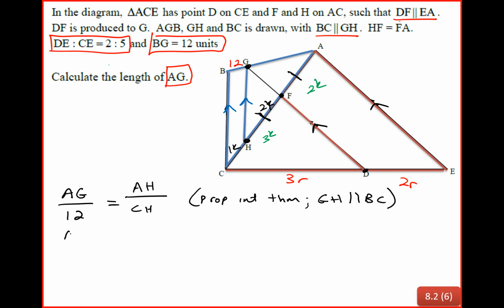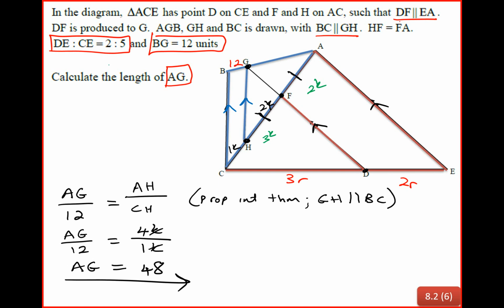Now remember, we've got AG over 12, and you look into your diagram, AH, which we proved, will now be your 4K, and CH is 1K. Well, we can cancel our K's off. And then we're going to cross multiply. AG times 1 is AG, and 4 times 12 is 48 units. And there we have our AG to be 48 units.